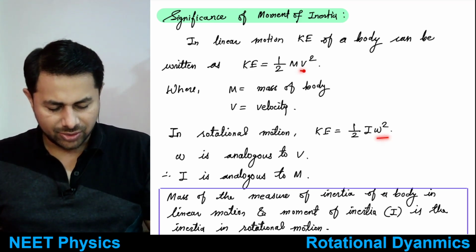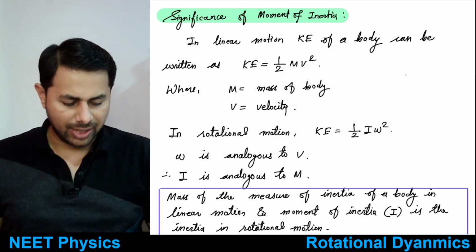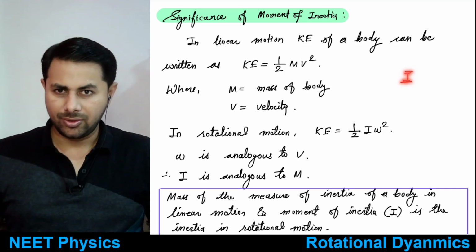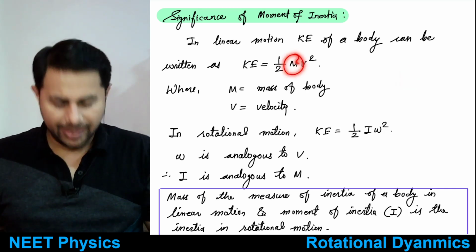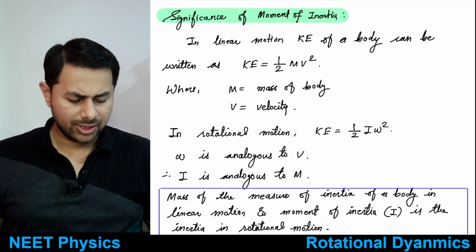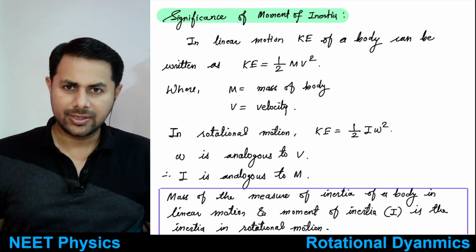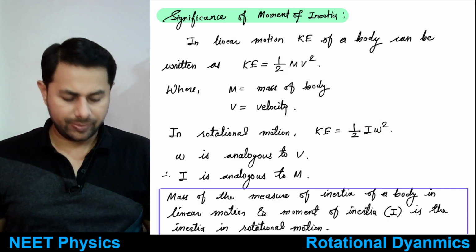Omega is analogous to v, so I must be analogous to m. As mass represents the inertia of a body in linear motion, just like that, I, the moment of inertia, represents the inertia of a rotating body.